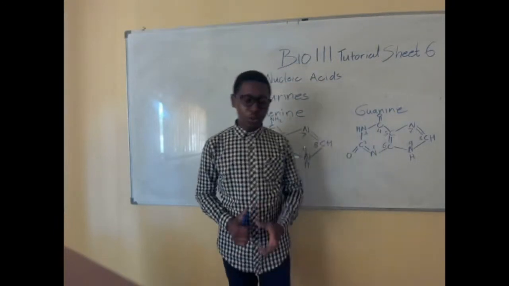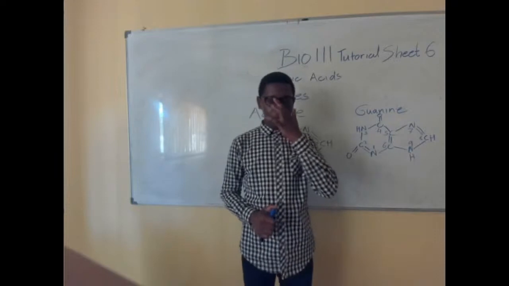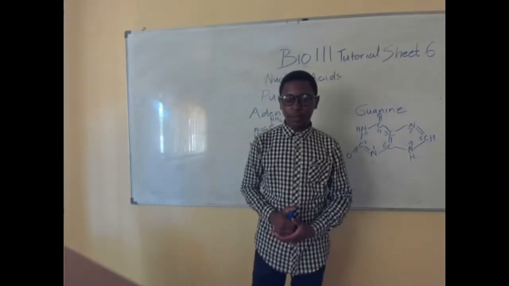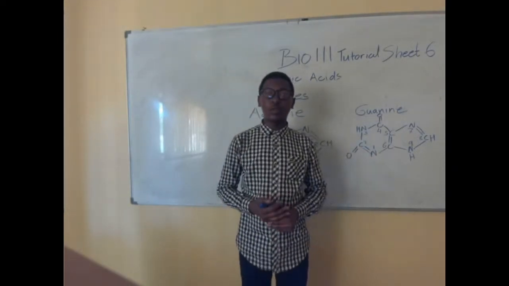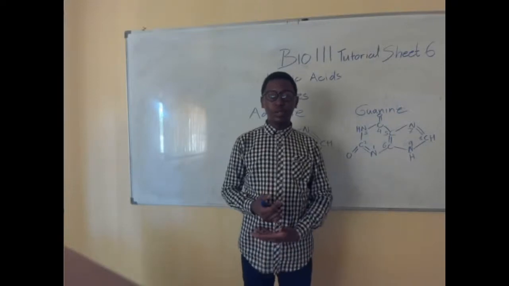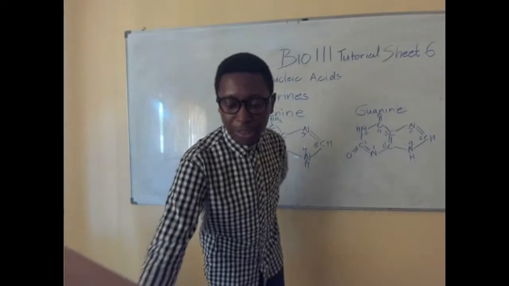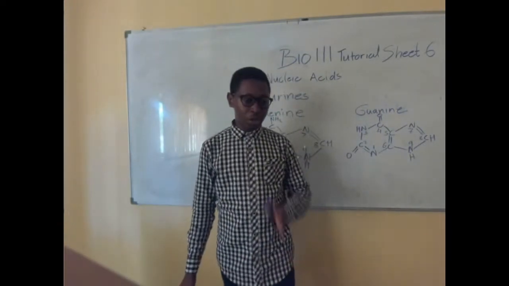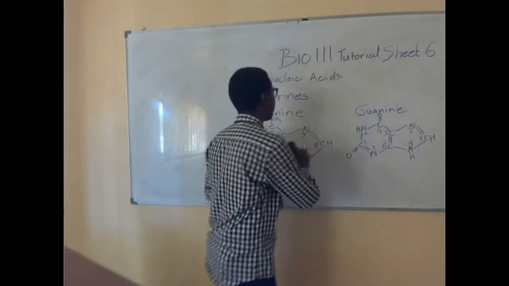Now, when a nucleoside is joined to a phosphoric acid or a phosphate group, you are going to form what's known as a nucleotide. Okay, so what we are being asked to illustrate is the formation of a nucleotide. So take note of that, not a nucleoside. So in other words, formation of a nucleotide is simply the joining of a phosphoric acid to a nucleoside. Okay, so let me write that down.